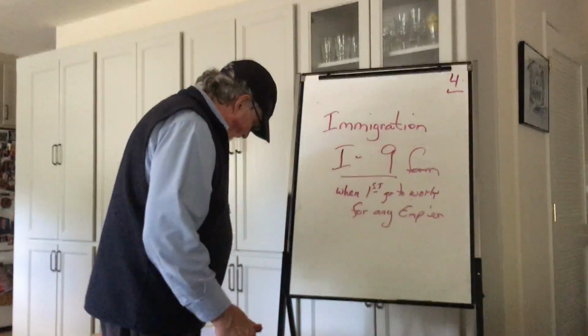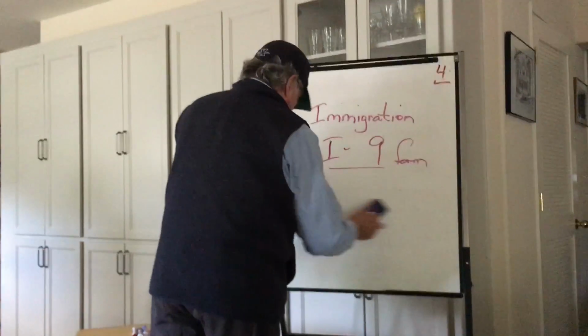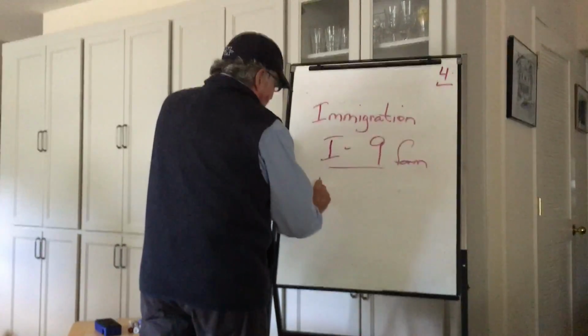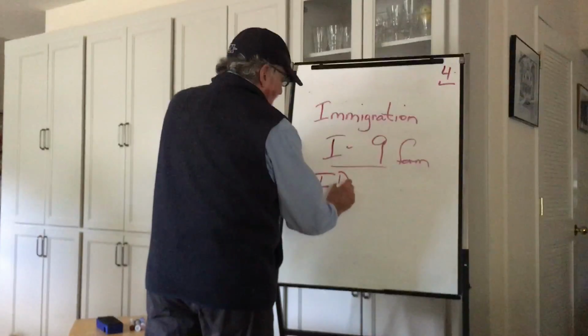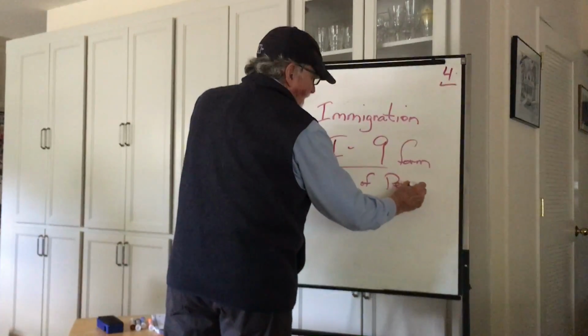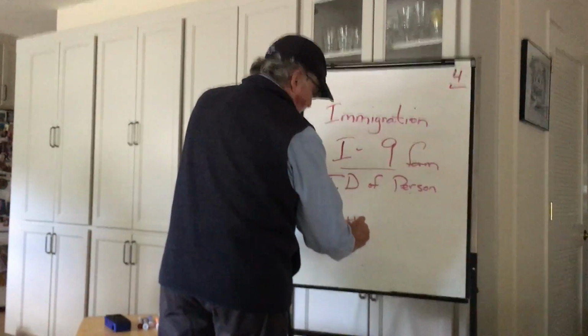All right? Now, what does an I-9 form do? An I-9 form establishes the identity of the person and the authority to work.